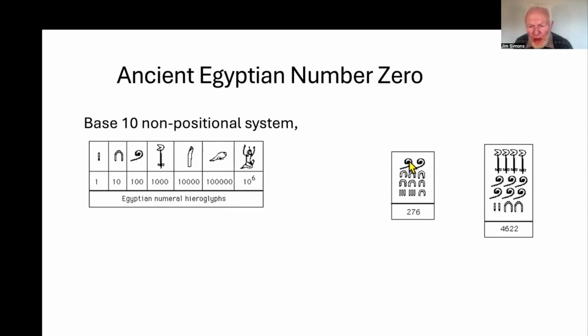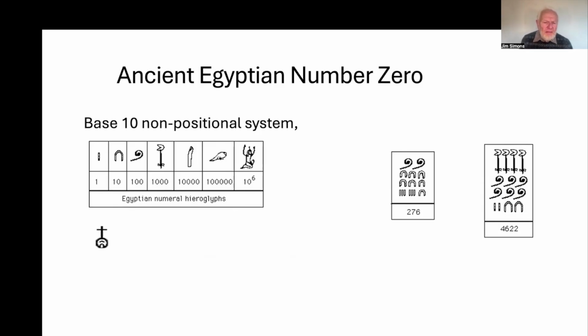So this is 276, and this is 4,622. So again they had no reason to think about a zero digit, but they did, well, sort of invent a zero number. Here it is.